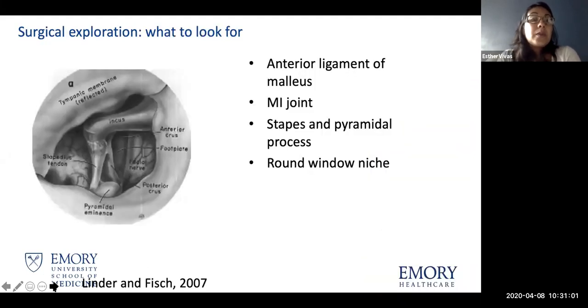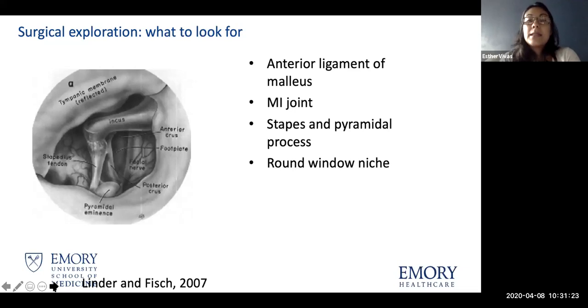When you are performing a surgical exploration for conductive loss, and you've gone through your preoperative list of differential things to look at, when you're in the middle ear, you look at the anterior ligament of the malleus. Sometimes that's calcified.